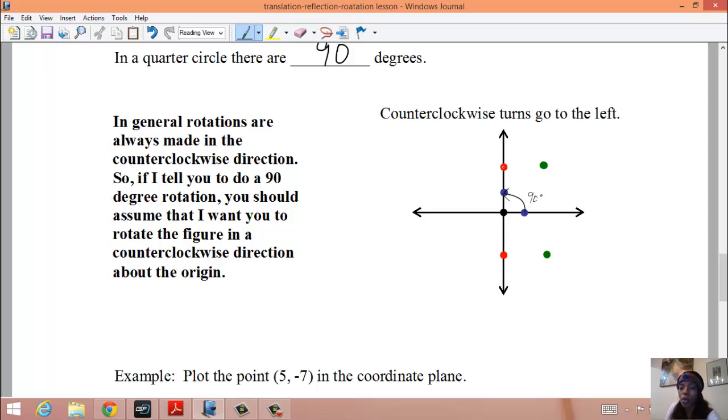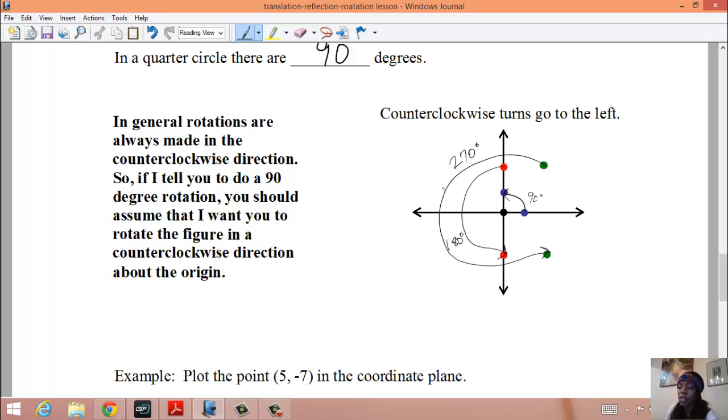But we would do this for counterclockwise, and so would rotate this way. This would represent a 180-degree rotation. And then let's say that we start with this green dot right here. This will be the pre-image, and I would want you to rotate it all the way. This would be a 270-degree counterclockwise rotation.